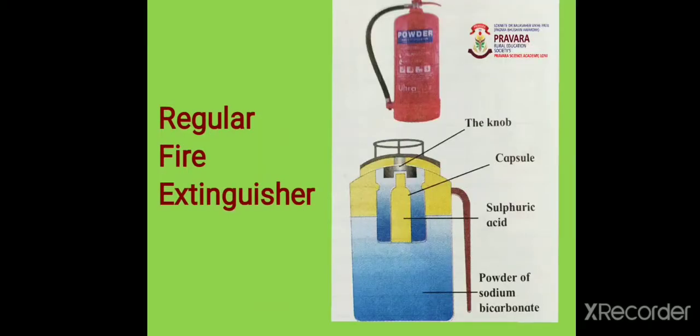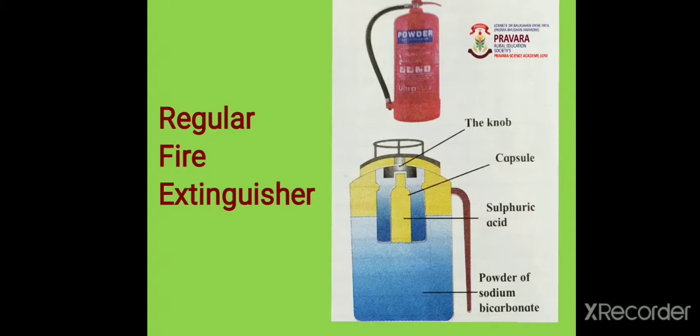You can see here the regular fire extinguisher. In the first figure, it is shown how it looks, and in the next figure, you can see the knob. Then the glass capsule is there, and in that capsule, sulfuric acid is there, and after that, powder of sodium bicarbonate is there.